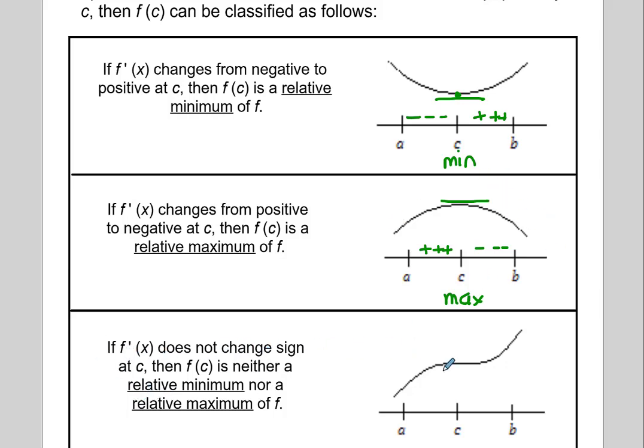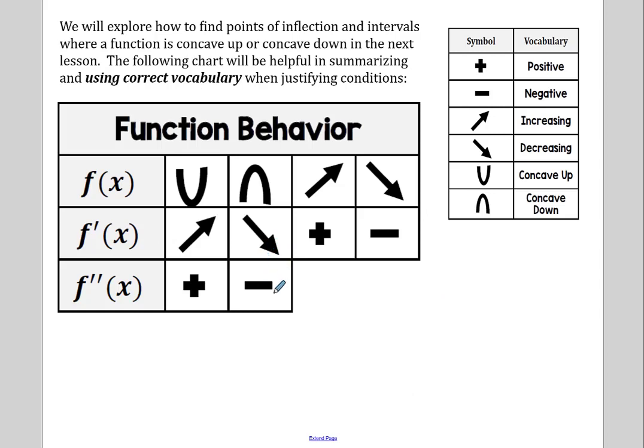If the derivative doesn't change signs at C, then there's neither a max or a min, but you can tell that concavity changed. That's going to be tomorrow's lesson with the second derivative test. Concave down to concave up. This is going to be known as a point of inflection. But we'll talk about that in the next lesson.